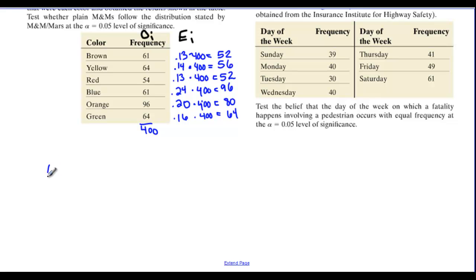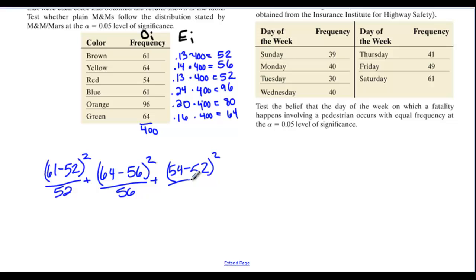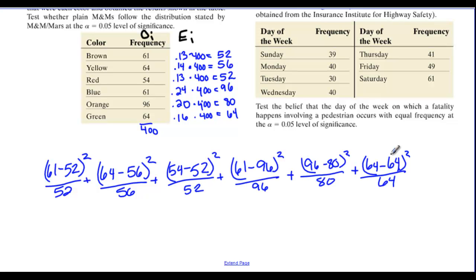So we're going to have 61 minus 52 squared over 52, plus 64 minus 56 squared over 56, plus 54 minus 52 squared over 52, and now we're going to work all of those out and add it up. And because the Casio won't necessarily hold all of this in, I'm going to do each one individually.